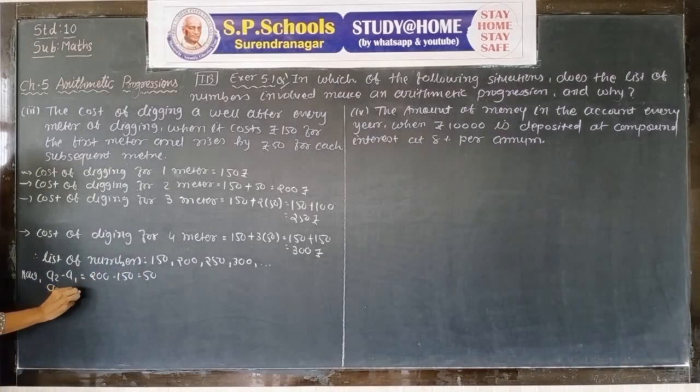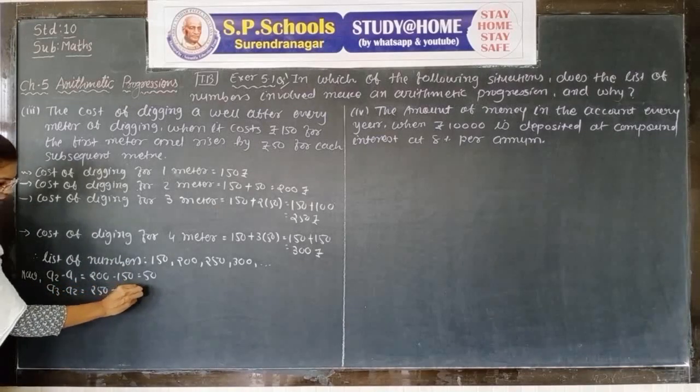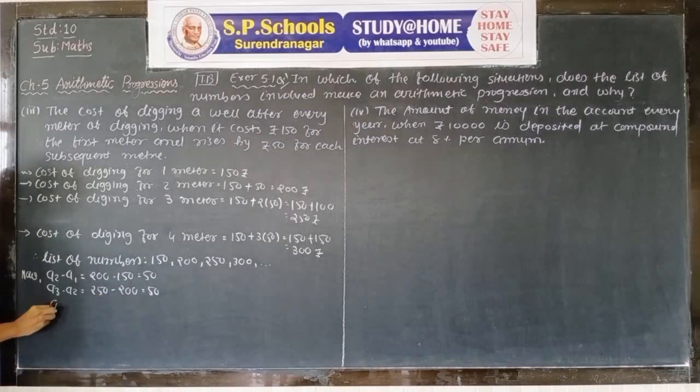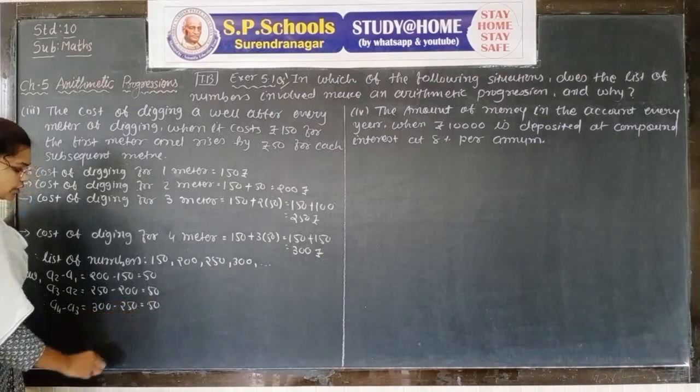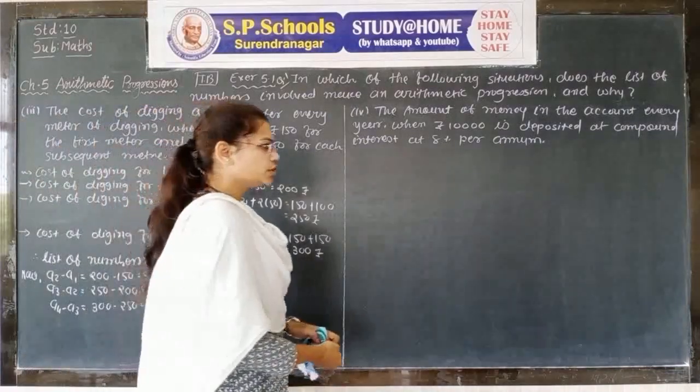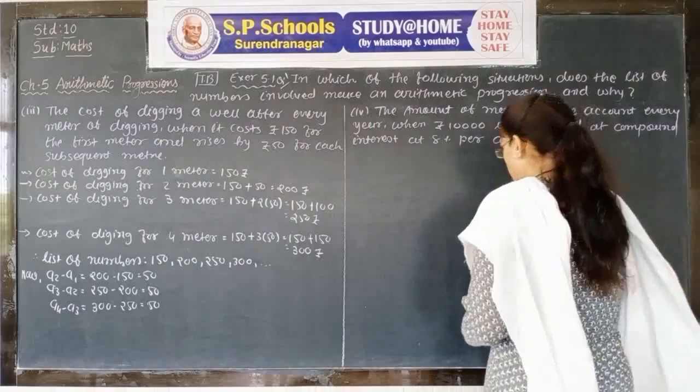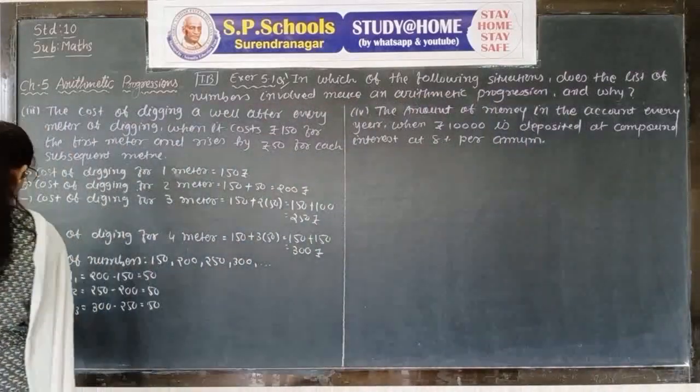A3 minus A2 is 250 minus 200, equal to 50. A4 minus A3 is 300 minus 250, equal to 50. Here the differences of the consecutive terms are equal. That's why the given situation forms an AP.